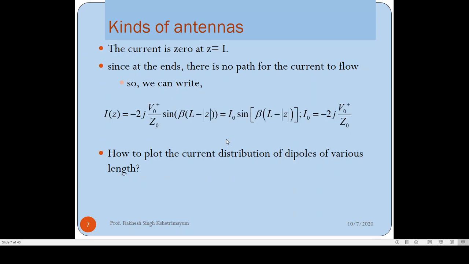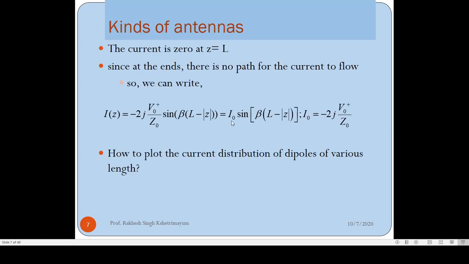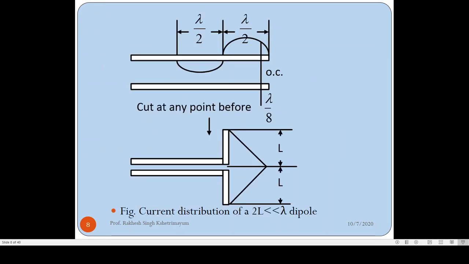You can plot the current distribution for different lengths of the dipoles. What we are going to do is plot this current distribution, but we are going to do it intuitively, looking at the current which is flowing in a transmission line. Can I plot the current distribution of dipoles of different length? So usually in a transmission line the current would have a form like this.